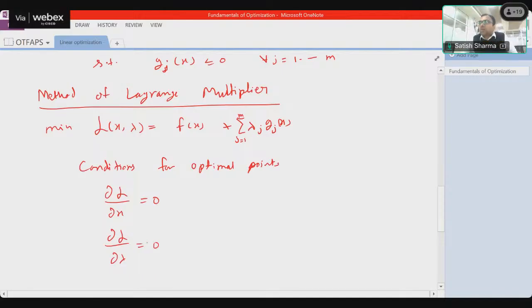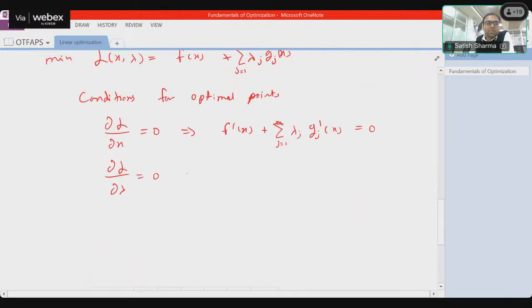But if I try to solve it, what I get is f'(x) plus the summation over j equals 1 to m of lambda j times gj'(x) equals 0. This is the first condition.